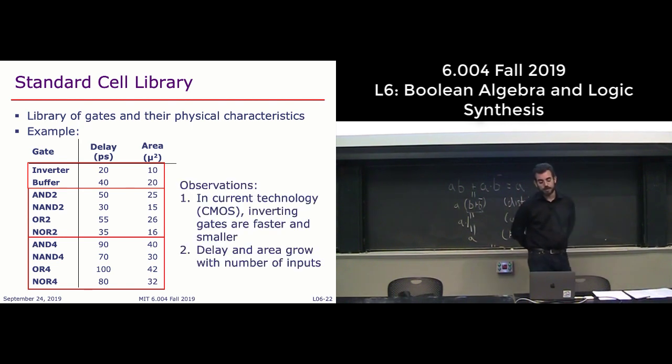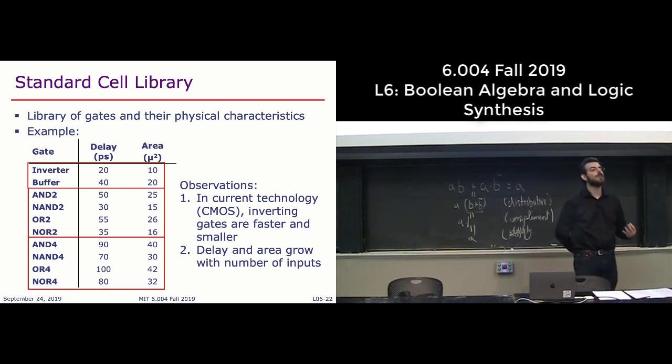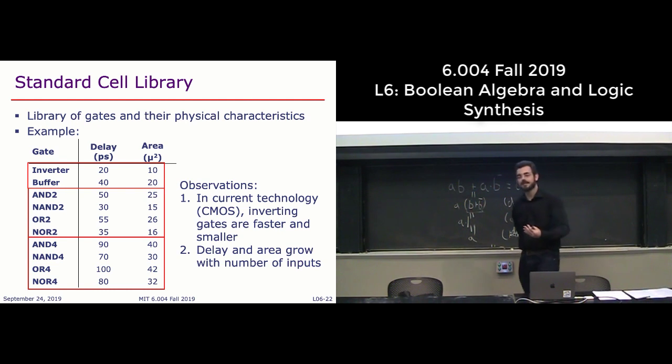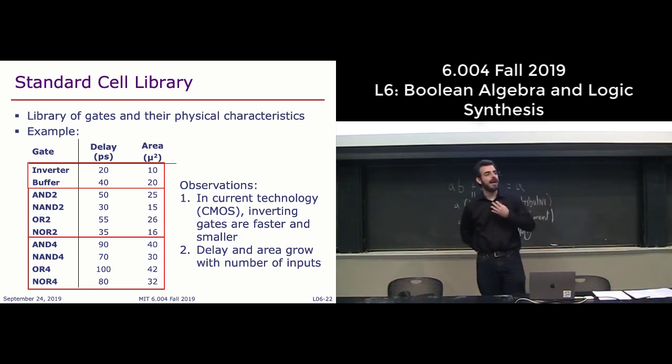One observation here, which we'll see in much more detail when we learn about CMOS, the technology used to build these underlying gates, is that inverting gates are faster and smaller. You can see, for example, that this NAND2 gate takes 30 picoseconds and 15 square microns, whereas an AND2 gate takes 50 picoseconds and 25 square microns. And so generally, you'll see good implementations using inverting logic, NANDs and NORs, rather than ANDs and ORs.